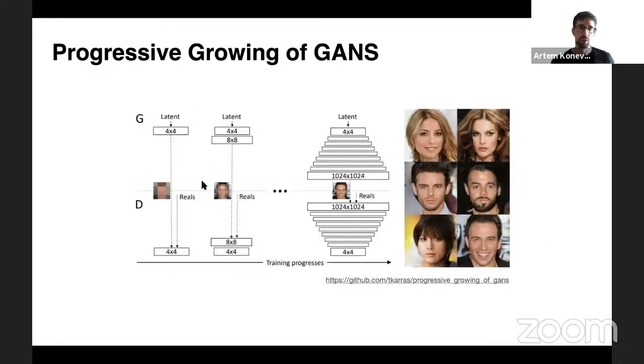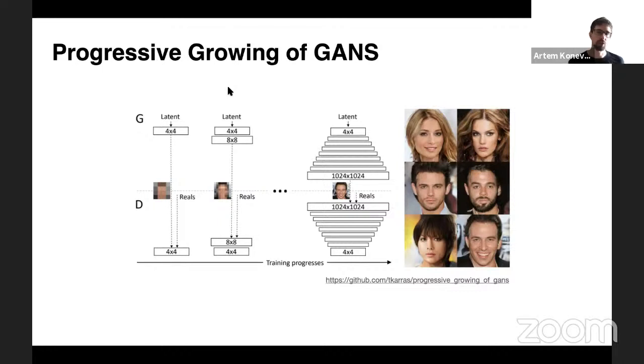But later it was updated, and in 2018, progressive growing of GANs appeared. Here we have not just one pair of generator and discriminator, we have more of them.